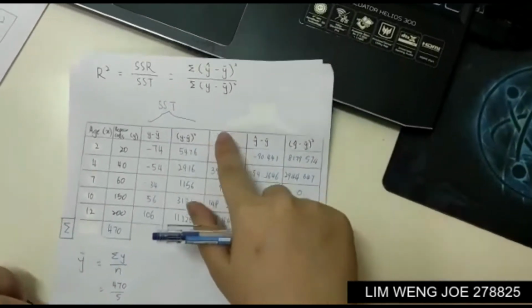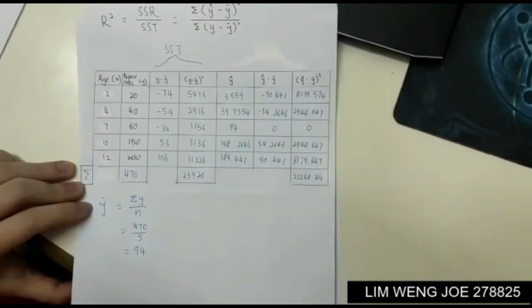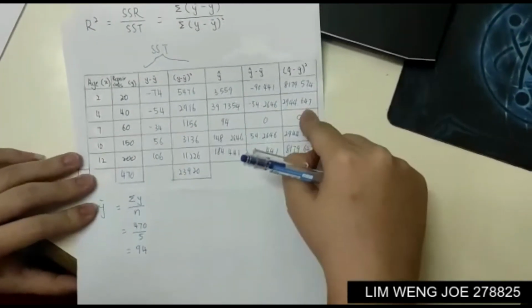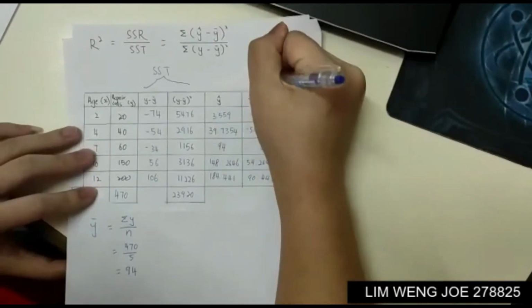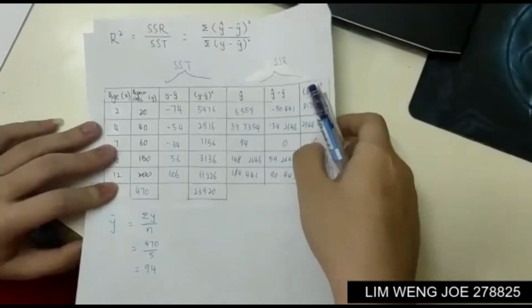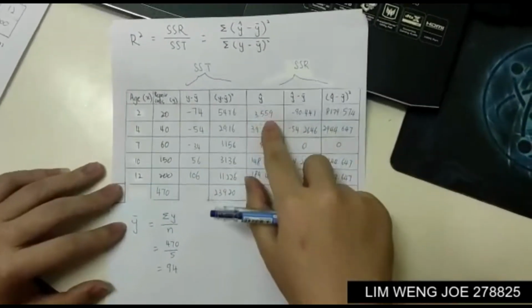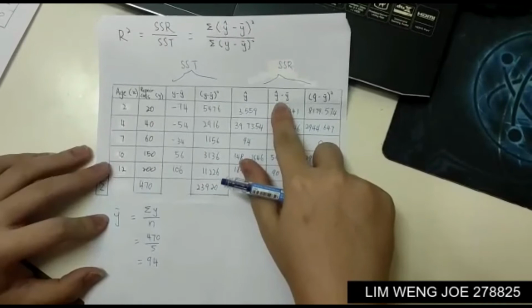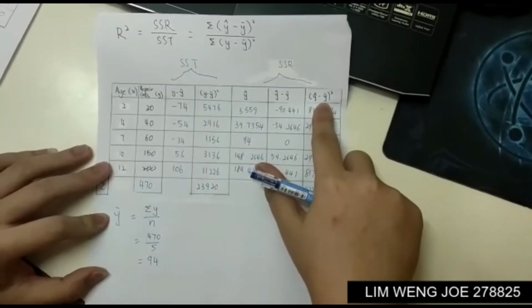For the fifth to seventh columns, we find SSR. There is y hat, then y hat minus y mean, and (y hat minus y mean) squared.